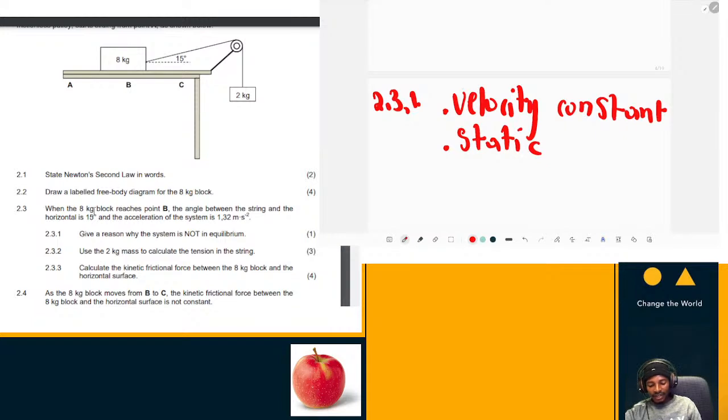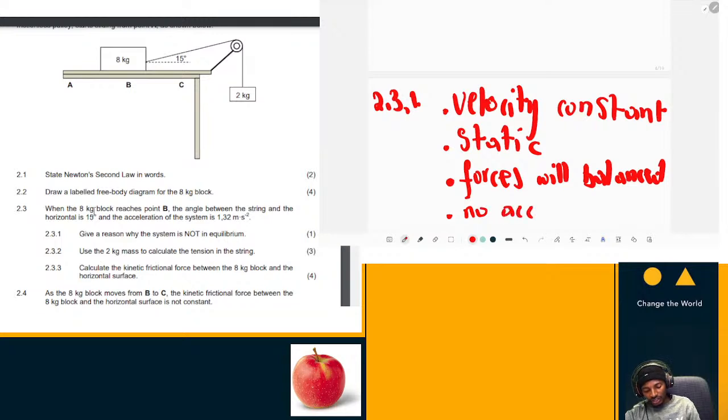So if the velocity is constant, then the forces will be balanced. If the forces are balanced, therefore the velocity will be constant, and therefore there will be no acceleration. All right.